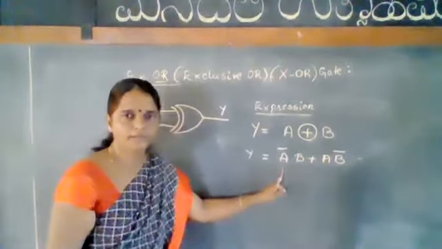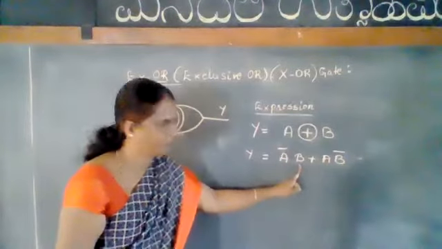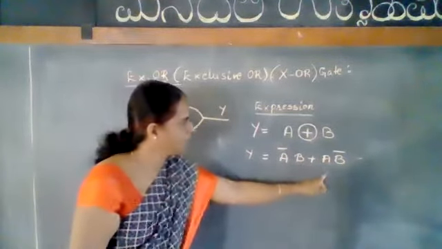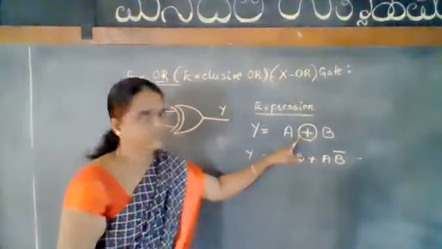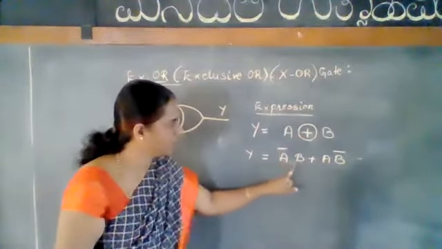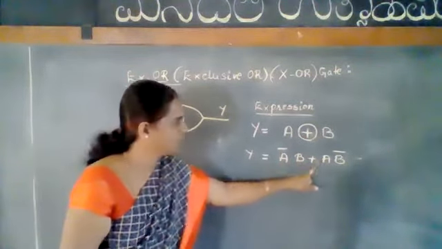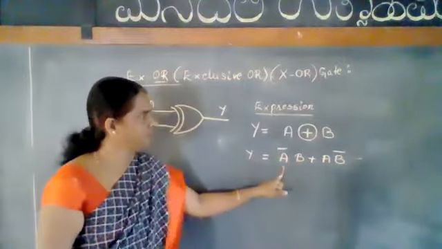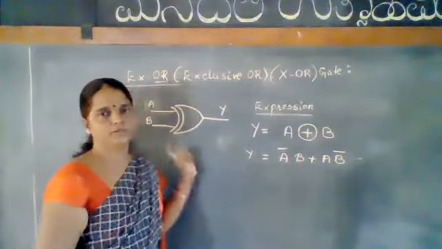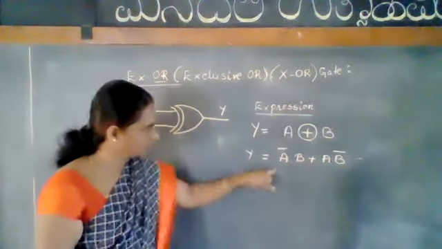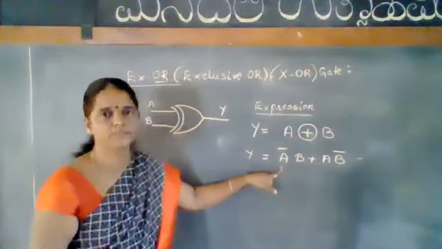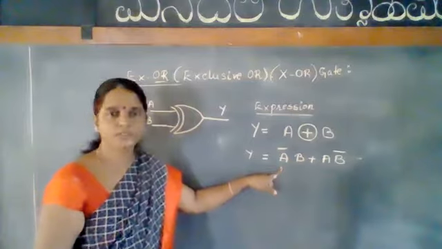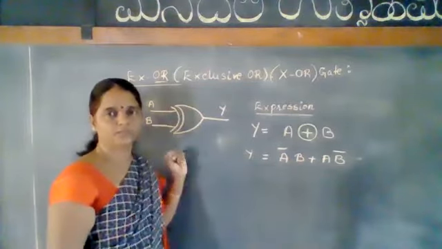A complement, A inverted, with B plus A B complement. This is the actual expression for exclusive OR gate. Now on this expression basis, we have to write the truth table for this exclusive OR.